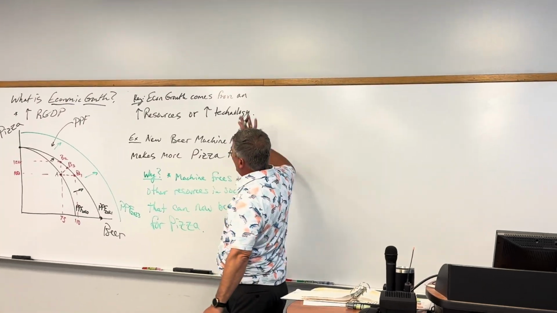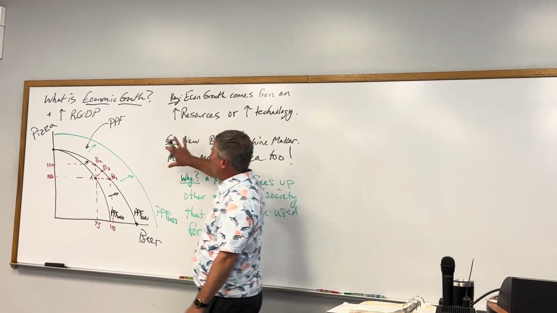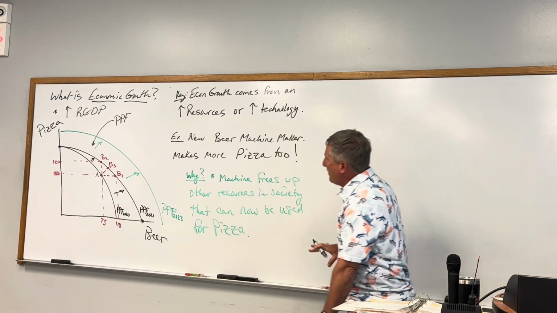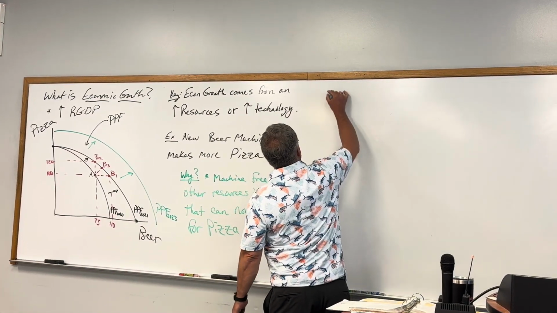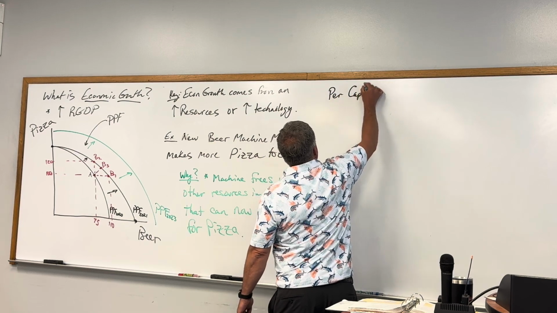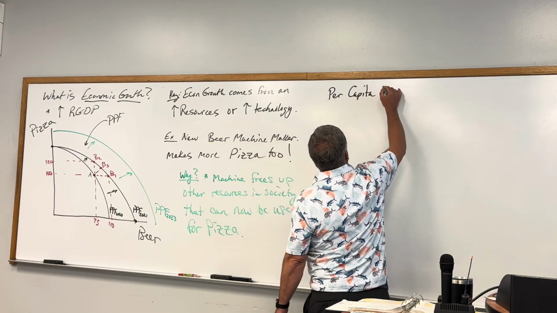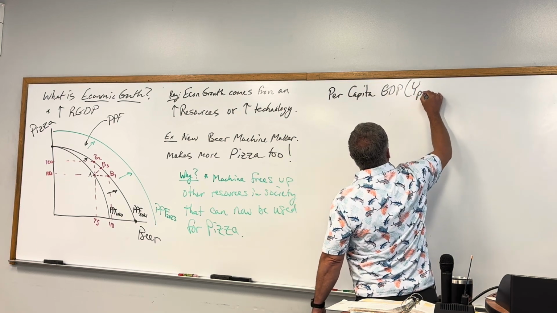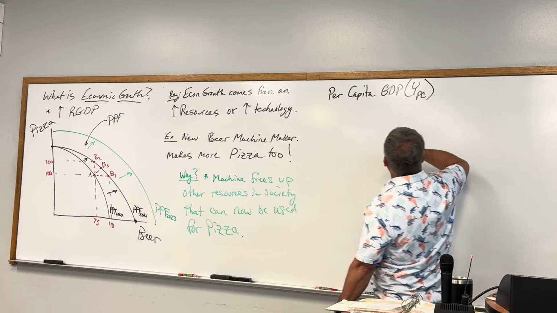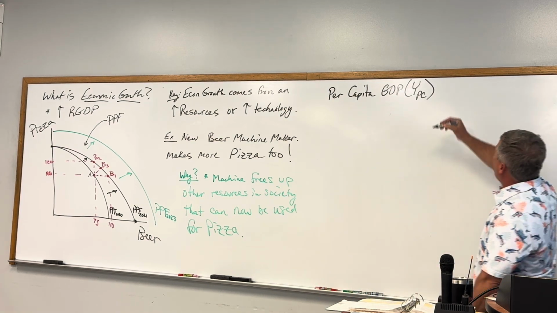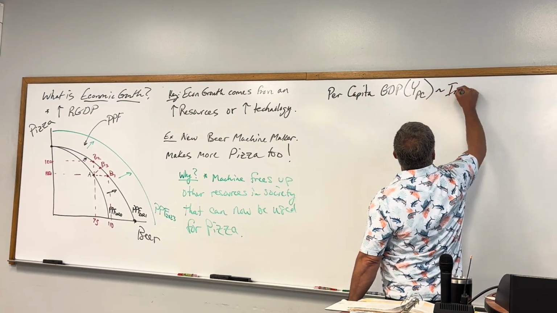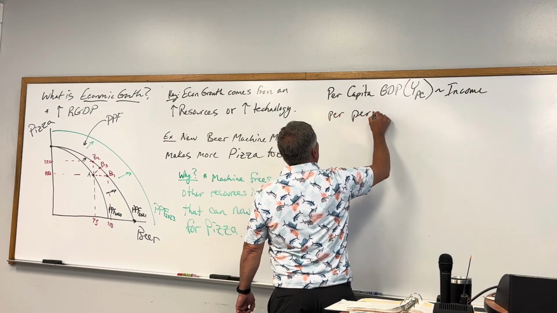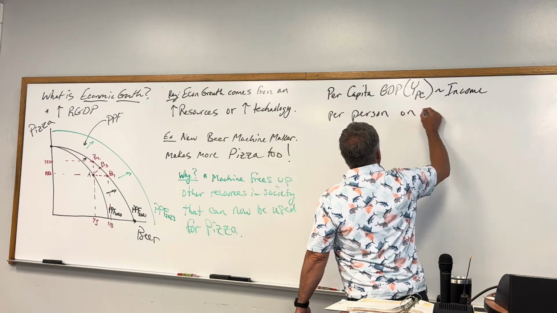Okay, so one of the ways we're going to look at prosperity on a per person basis is to create that per capita GDP. Sometimes I'll use a shortcut here, per capita, PC. Per capita GDP is income per person on average.